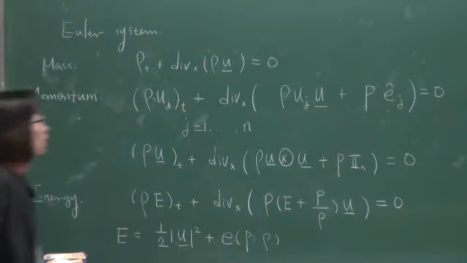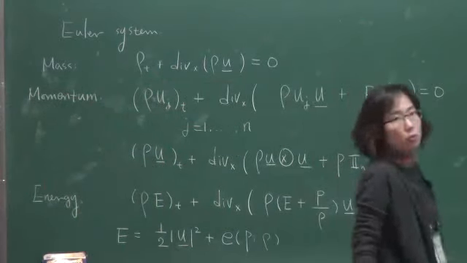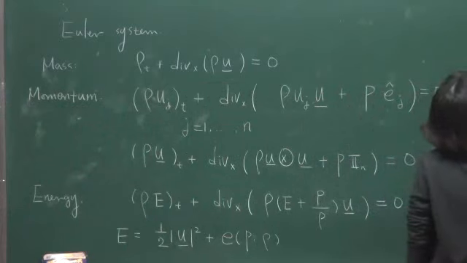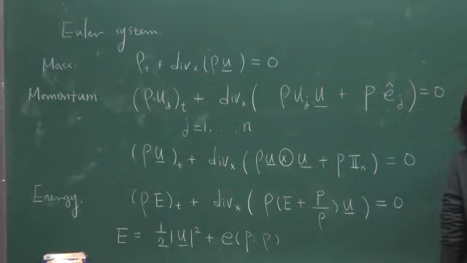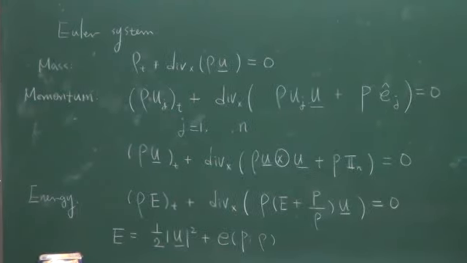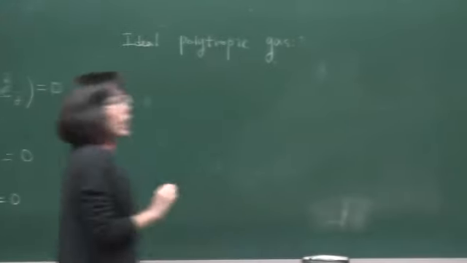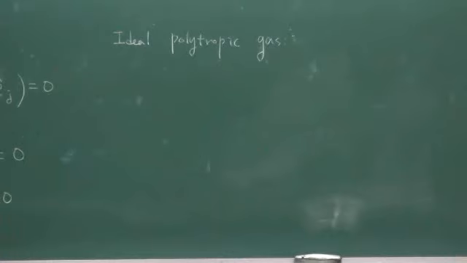And also from now on, we'll look at the polytropic gas. I will specify our model now. If we consider polytropic gas, in the study of the Euler system many people study this one because air, as we know, is also an ideal polytropic gas.